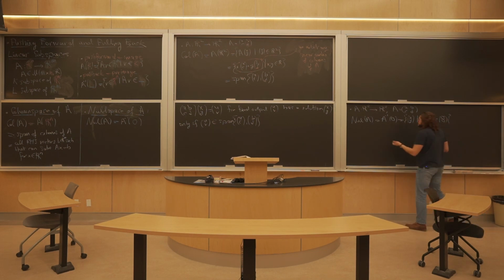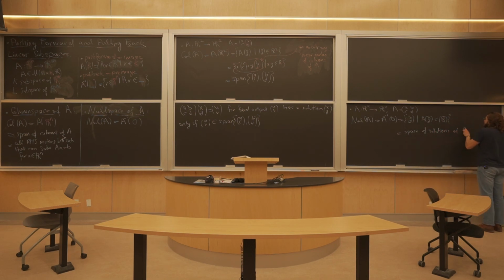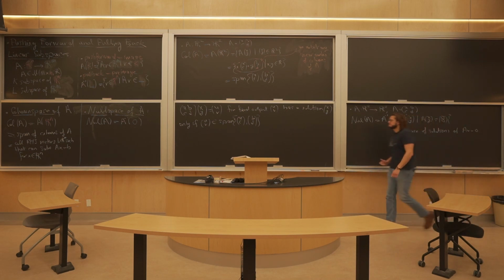So this is nothing but the solutions of Av equals 0. So you see, to compute the null space of a matrix, all you need to do is to set up the equation and solve it. That's all there is to it.